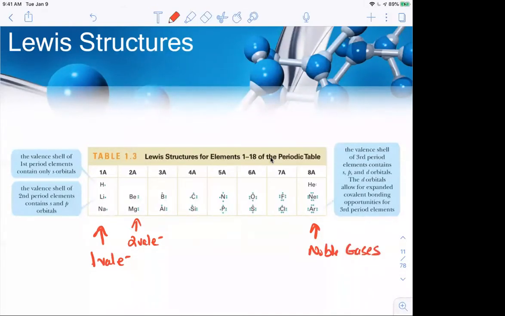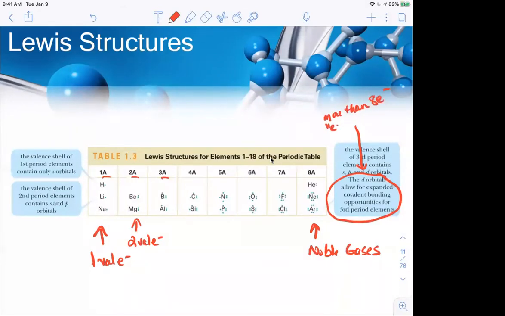And the group number, as long as I'm using these A's, is indicative of the number of valence electrons that are available for bonding. Now remember, if I go down to third period elements, I could have situations where I have more than 8 electrons.